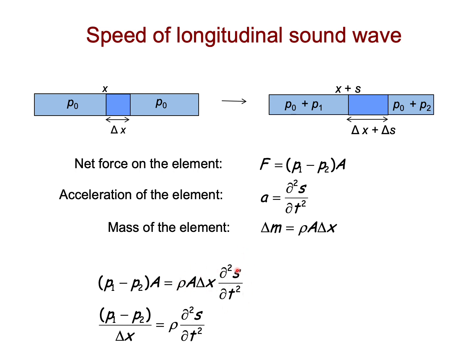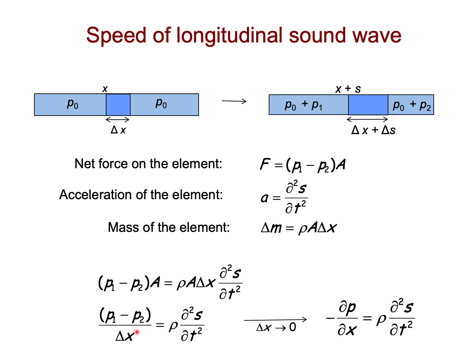Okay? So now we can use that calculus derivative trick, and we can divide this delta x over to this side, and then we can shrink delta x. And as delta x goes to 0, this turns into the derivative of pressure with respect to x.